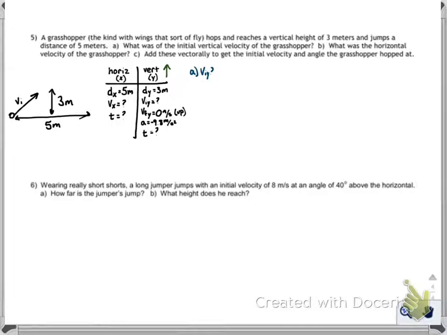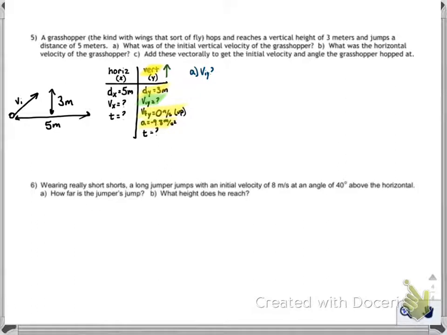Okay, great. So next part is figuring out that initial velocity in y. Well, if we look at our vertical section over here, we can see that we have 3 knowns, our distance in y, our final velocity, and our acceleration. So we need to find an equation from our kinematics equations that involves these 4 variables that I've highlighted.